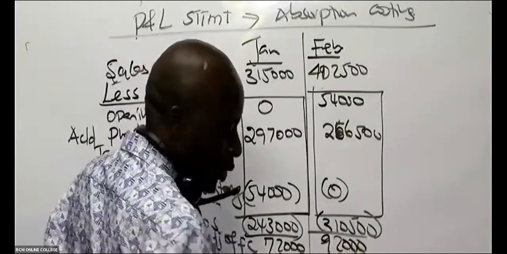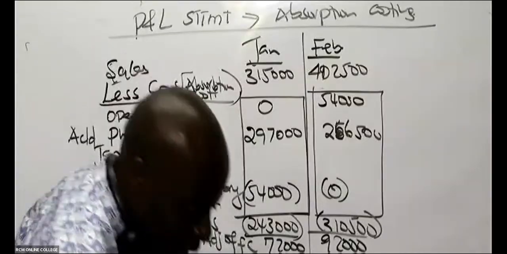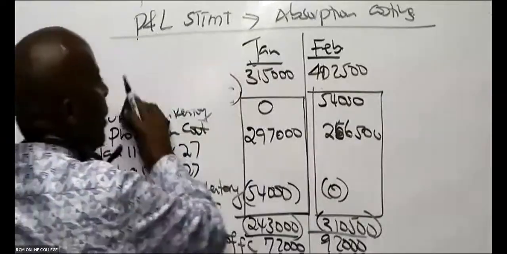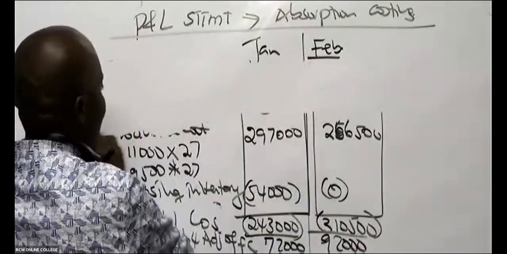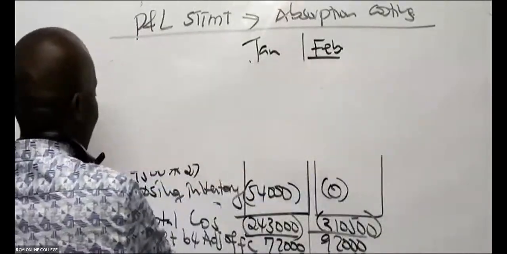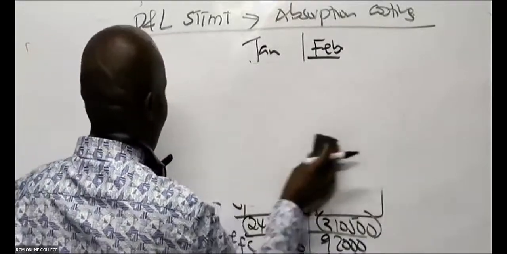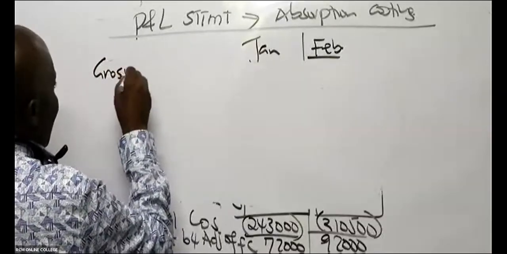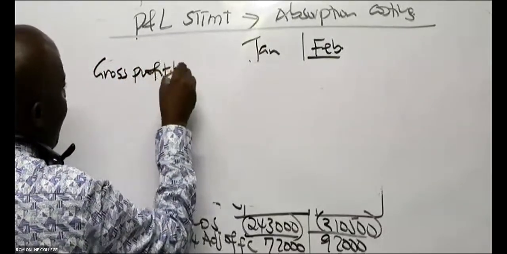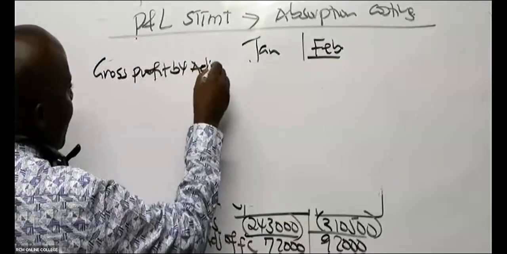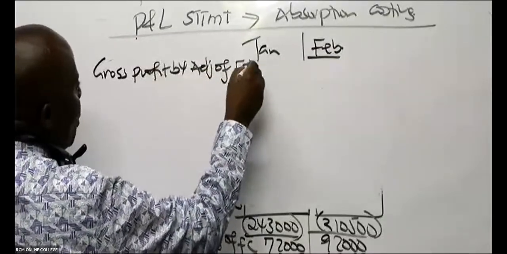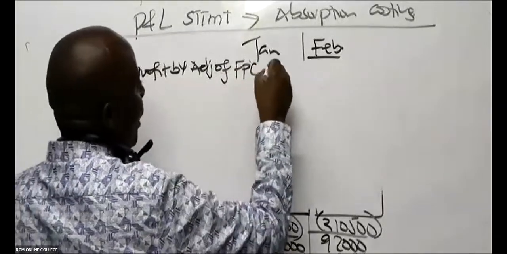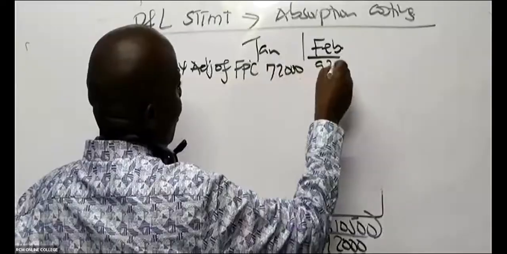So we have gotten, ladies and gentlemen, gross profit before adjustment of fixed production overheads or costs: 72,000, 92,000.